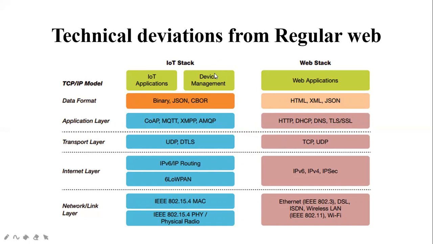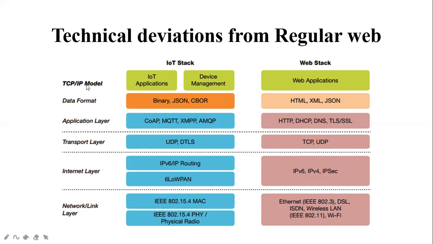Why do we need additional services in the IoT stack? Because we need to deal with so many nodes, and each node may have a different purpose. So we need to manage so many nodes, millions of nodes.